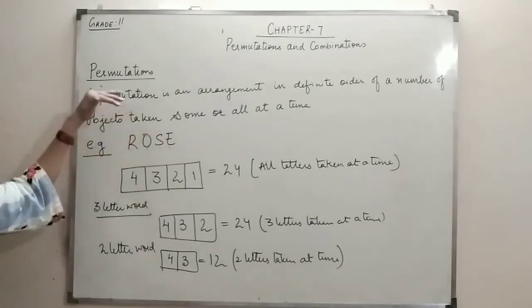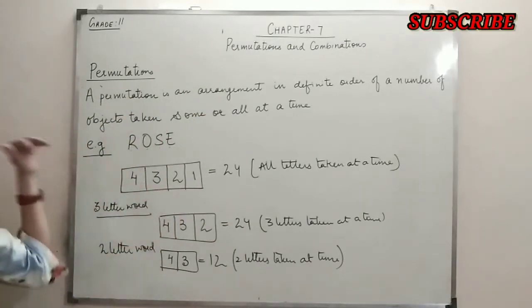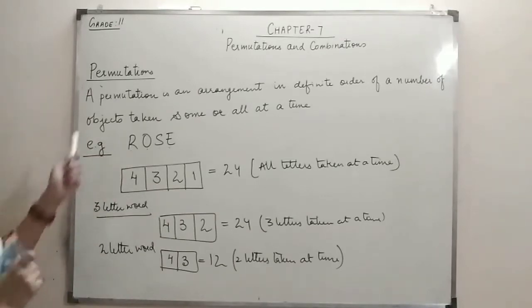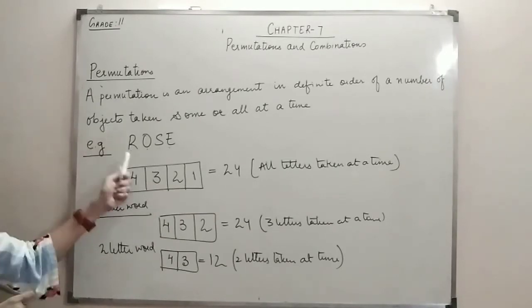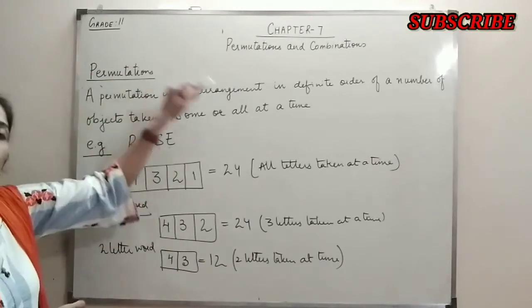Now you see the definition. Permutation is an arrangement, in the definite order of a number of objects. We are taking the number of objects some or all at a time.